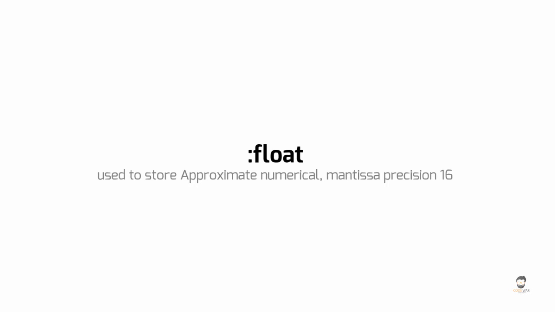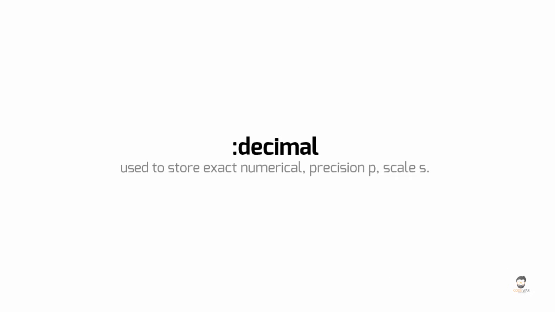And decimal is used to store exact numerical precision, like precision p and scale. These all come into the part of MySQL. You can set the precision and scale in the MySQL query, but according to Ruby on Rails, you just need to remember that decimal is used to store a decimal value of a number.